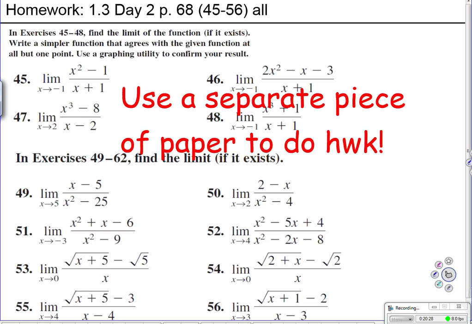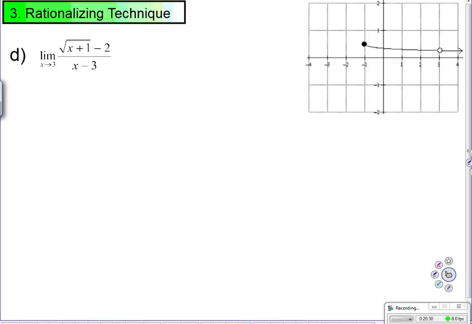I believe this is our final one. Excellent. Let's finish it because this is getting to be sort of a long video, but we'll wrap it up. Multiply by the conjugate because when I plug it in, I do indeed get 0 over 0. So multiply the conjugate. X plus 1 plus 2. Hey, I made the right choice there, didn't I?